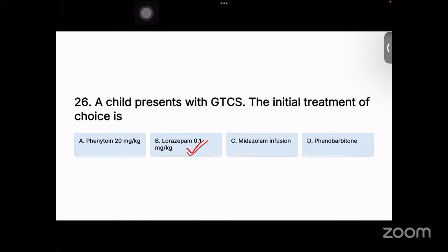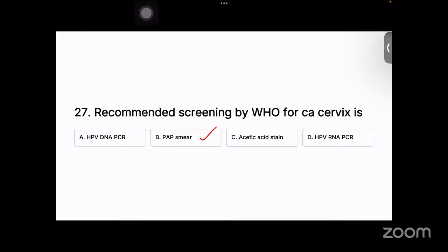Okay, now moving on to the next, recommended by WHO for CA cervix. We are left with HPV DNA PCR, pap smear, acetic acid stain, and HPV RNA PCR. RNA is not used. Acetic acid stain, visual inspection with acetic acid, will provide you immediate results, but it is not suitable for screen and treat, not for screening alone.